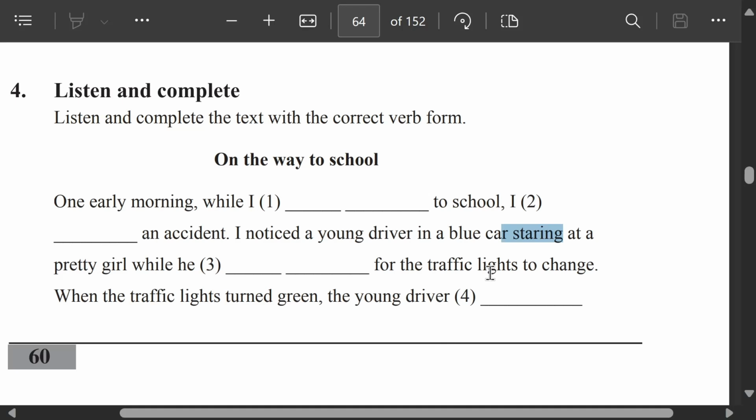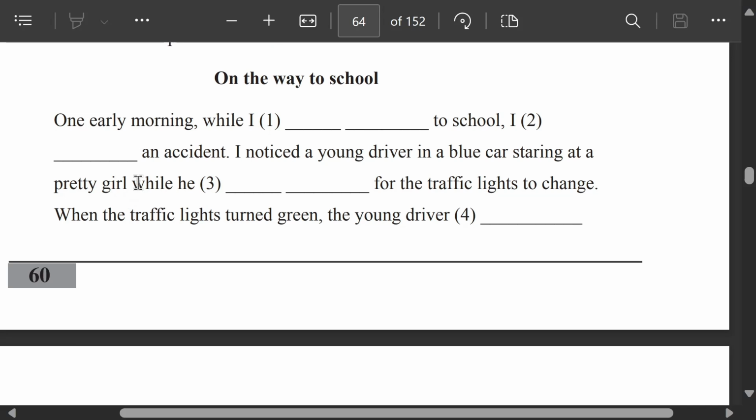So this driver, you see a driver in a blue car staring at a pretty girl, during an action.